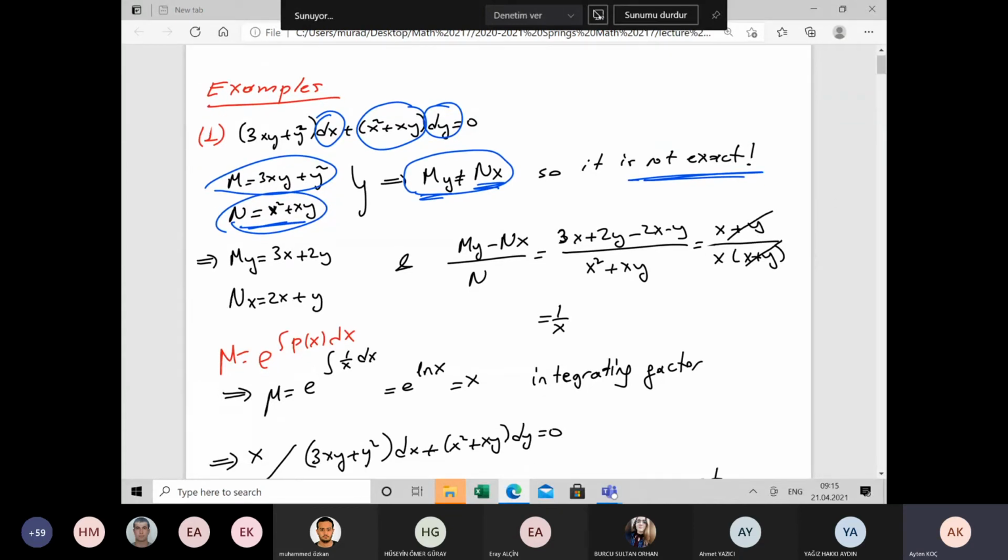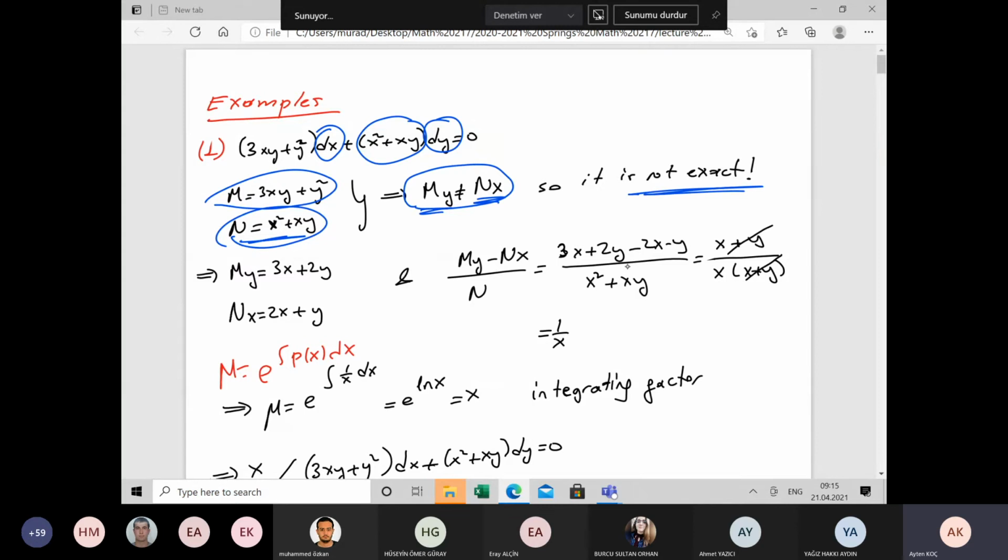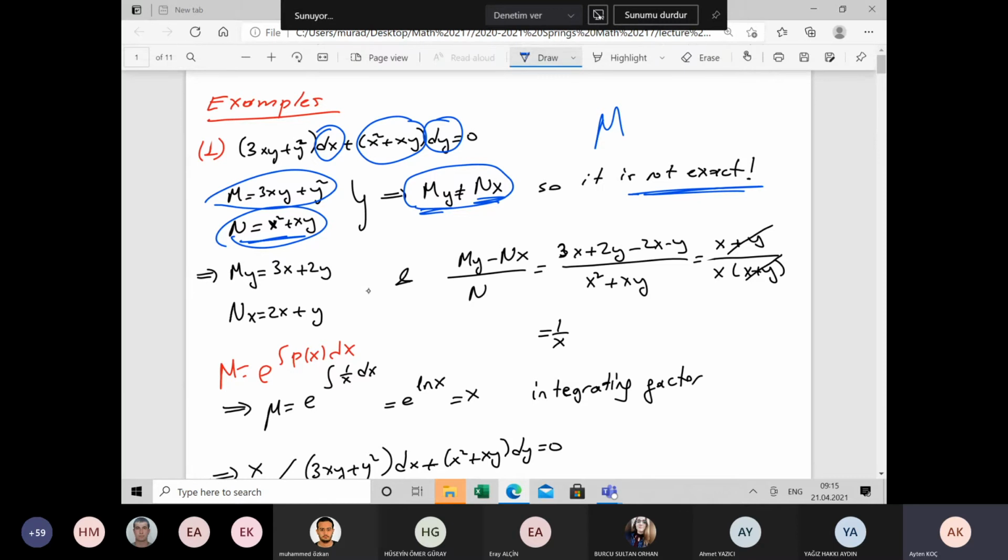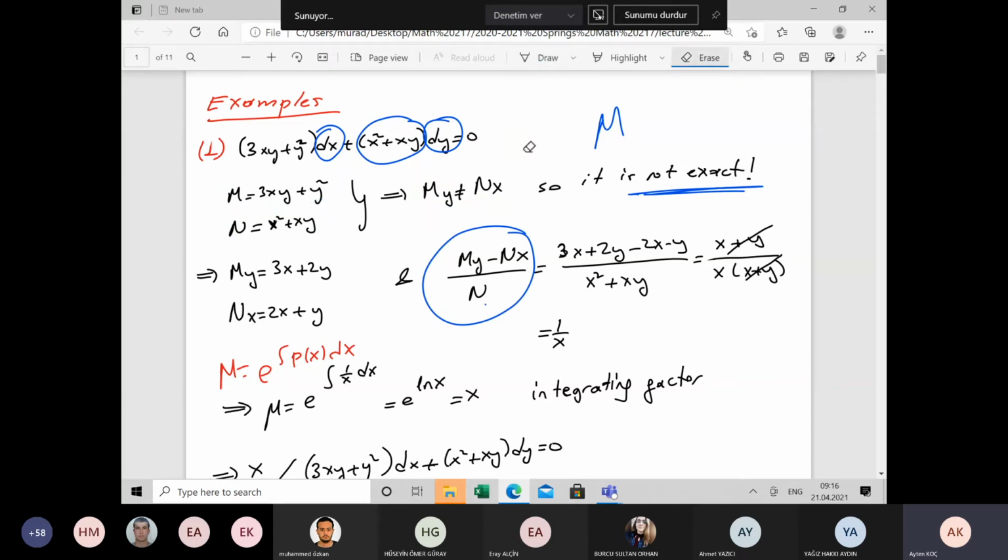So our aim is to get an exact equation by using mu, if there exists an IF. Let's see that. Our aim is to compute the quotient M sub y minus N sub x over N. What is M sub y?